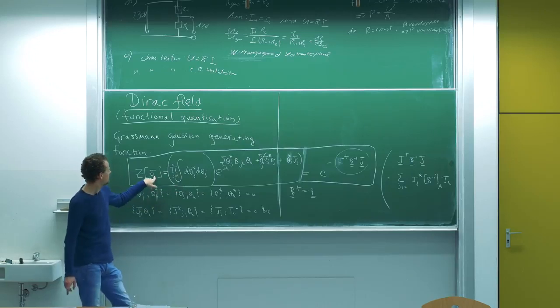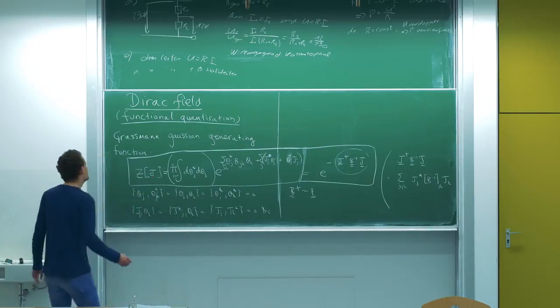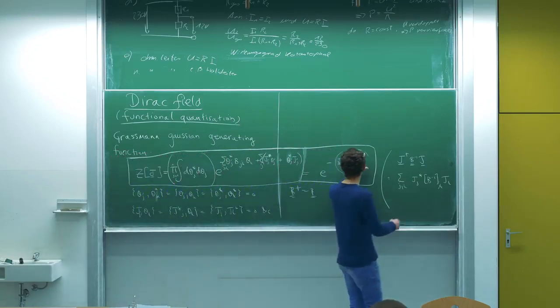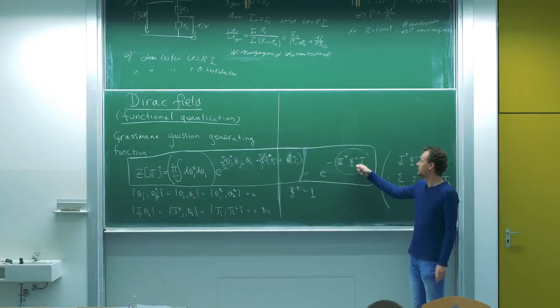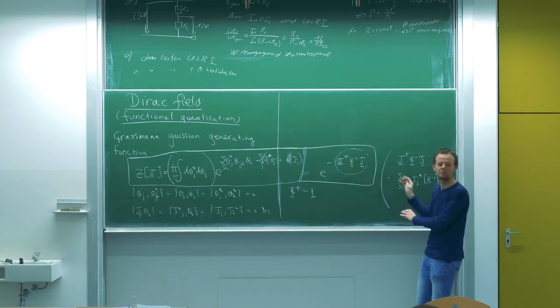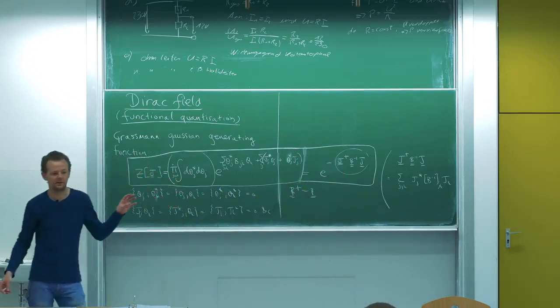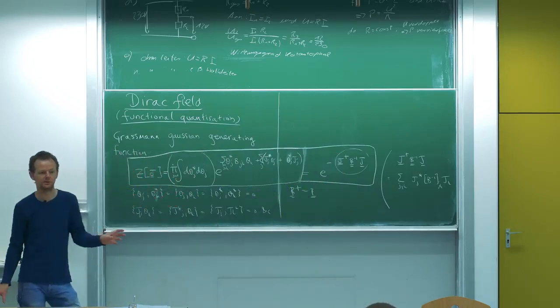The input here is this object Z takes a vector of Grassmann variables and produces something involving a quadratic expression of these Grassmann variables. And these things commute with each other, so these will produce numbers at the end of all of our computations. So even though the input looks like an anti-commuting object, the output will always be a commuting thing.